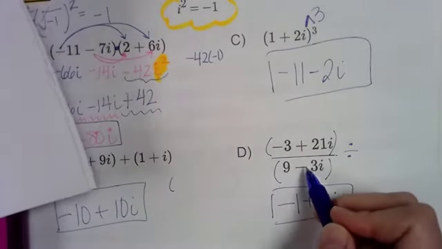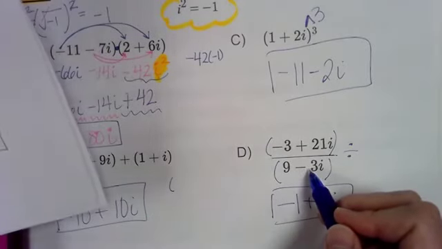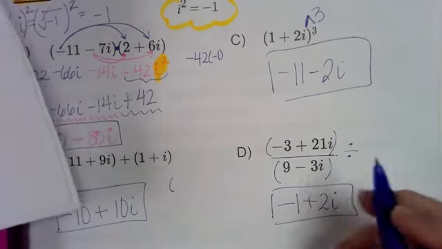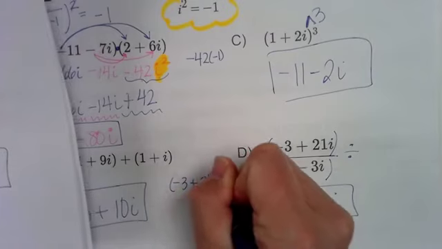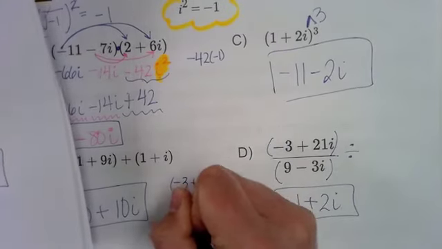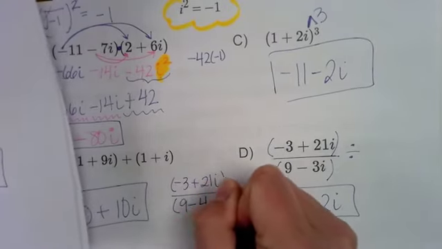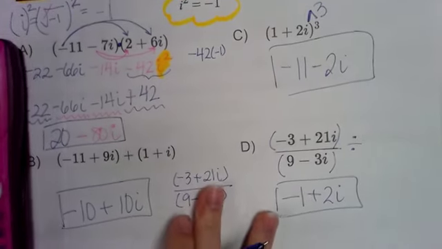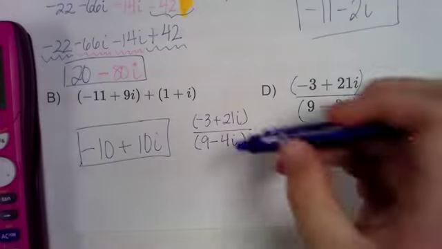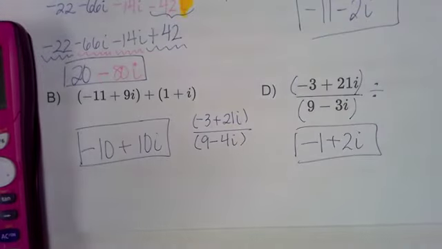Simplifying this by hand is very difficult, okay? So let me show you one. Negative 3 plus 21i over 9 minus 4i. Will you try that one?